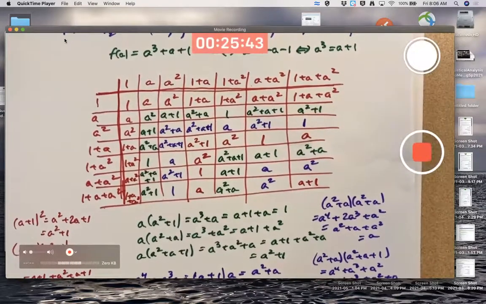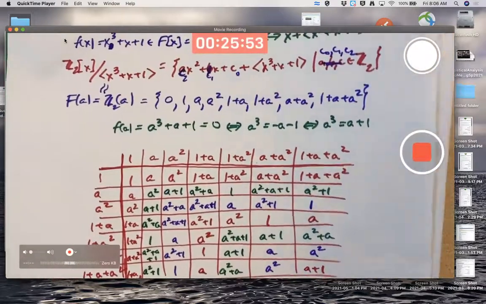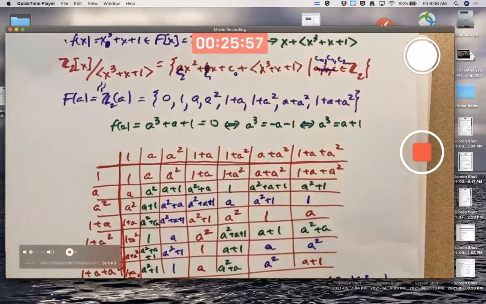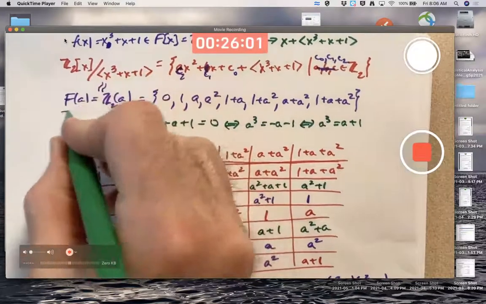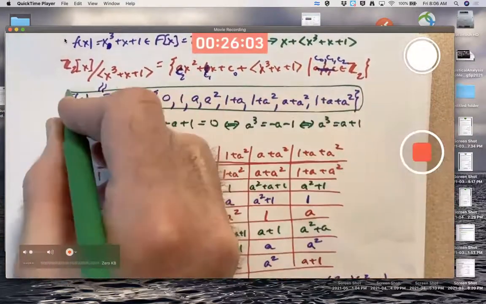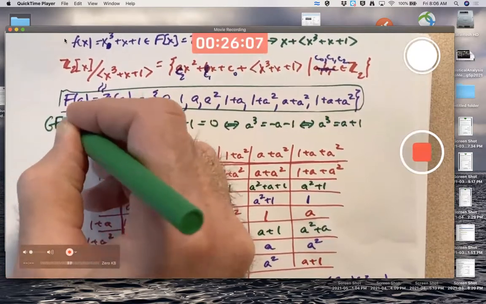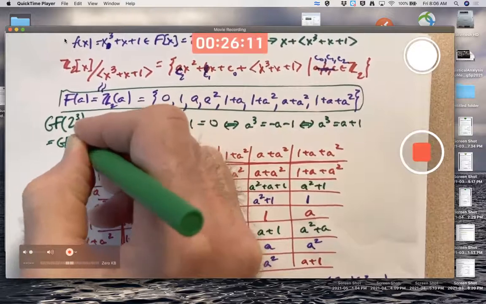This is the multiplication table for a group, right? The group of units of this field is a group. The field itself has 2 cubed or 8 elements. In fact, we're going to give it a special name. We're going to call it GF(2 cubed), GF(8).